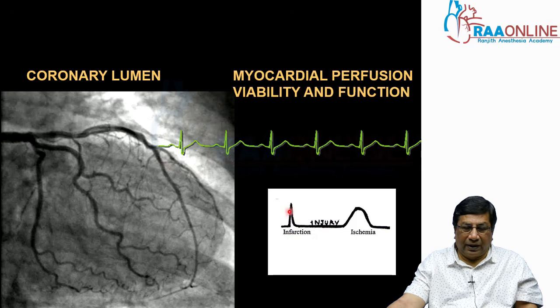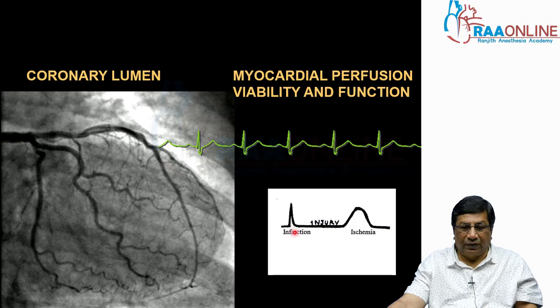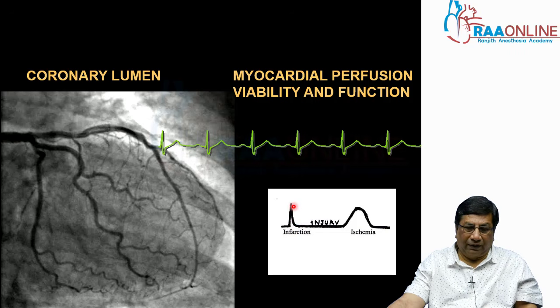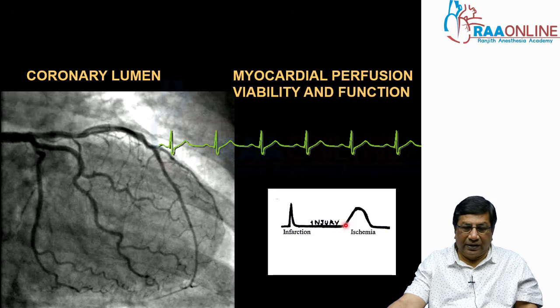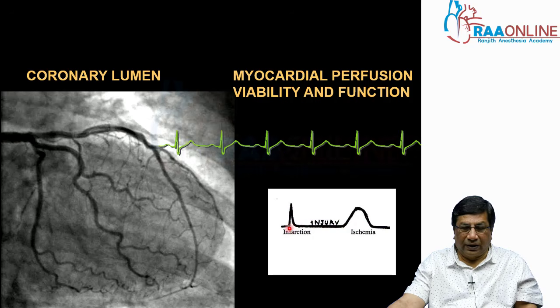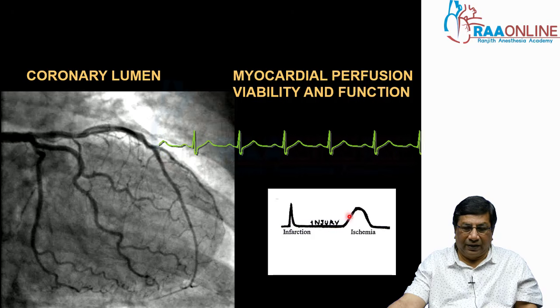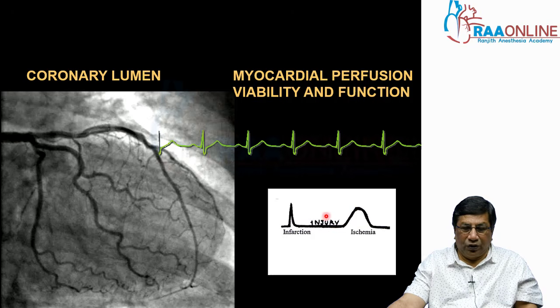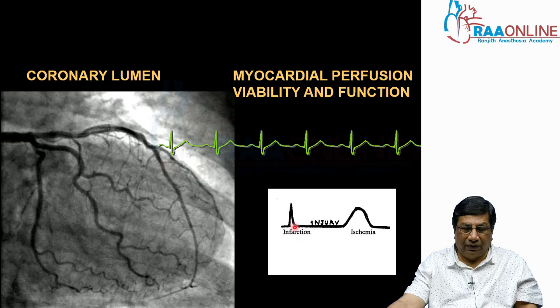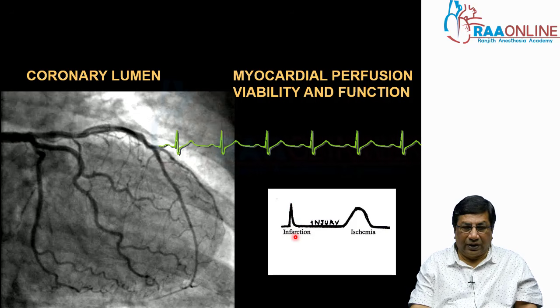Then the infarction, a permanent necrosis of the myocardium, is going to result in pathological Q wave and the loss of R wave. So these are the three ECG changes of coronary heart disease: ischemia, injury, and infarction. Ischemia affecting the T wave, injury affecting the ST segment, and infarction is going to produce the loss of R wave and the presence of pathological Q waves.